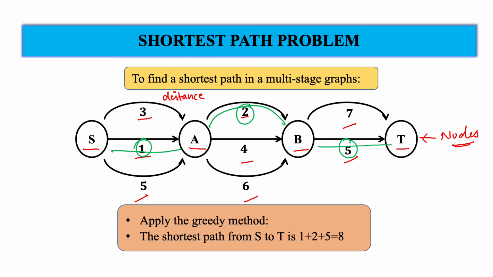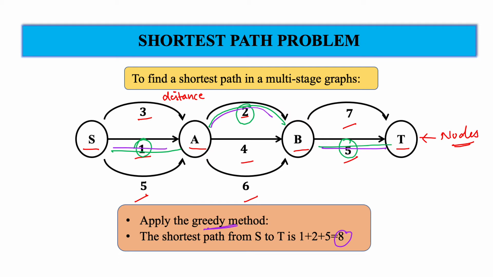The total distance is 1 plus 2 plus 5, that is 8 units. So 8 units is the shortest path from S to T. This is the greedy method.